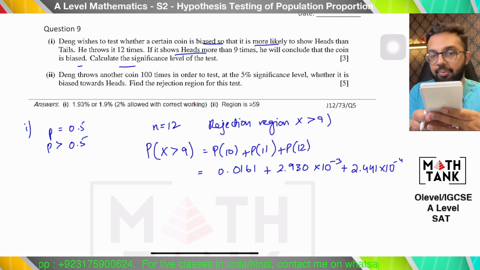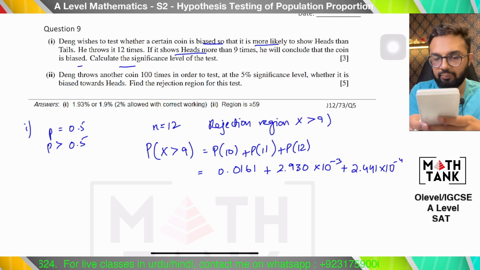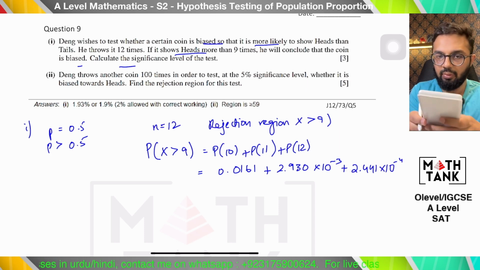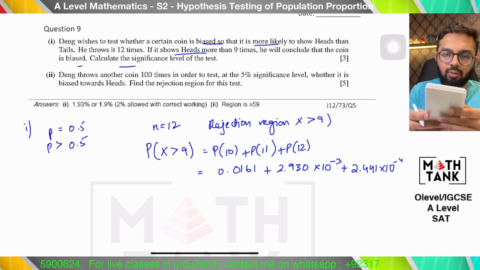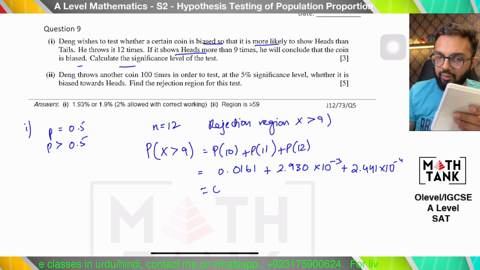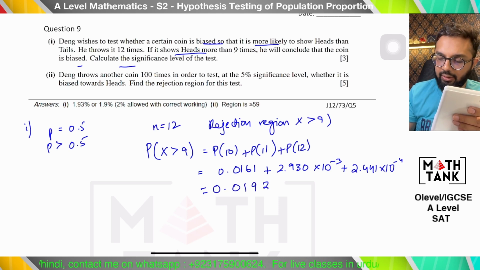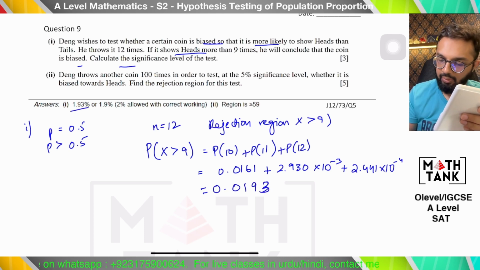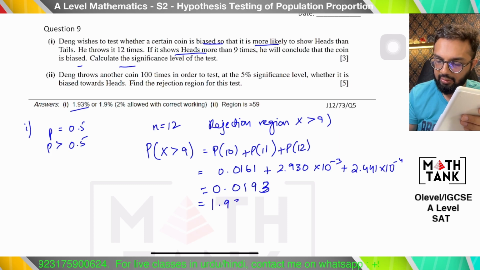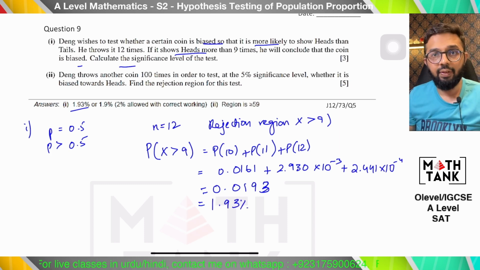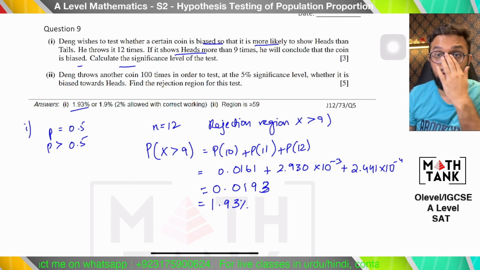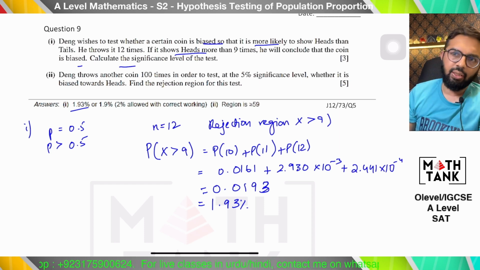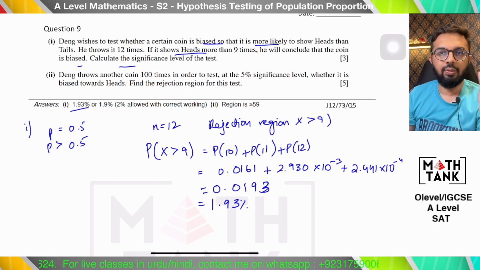Okay, adding these up: 0.0193. Okay, 1.93% is my significance level, or the probability of a type 1 error, or the probability of the rejection region. That is the true significance level, so that is the same answer throughout.